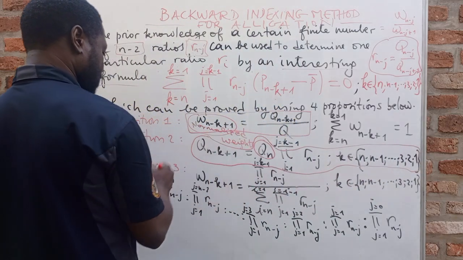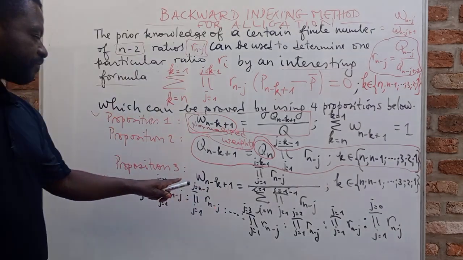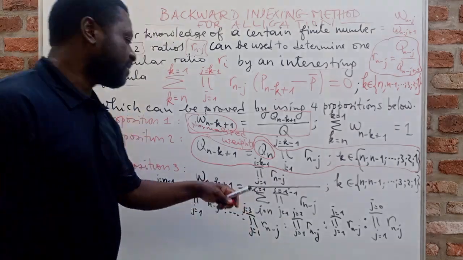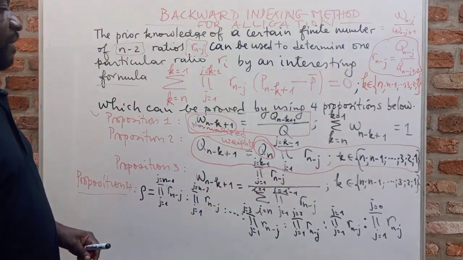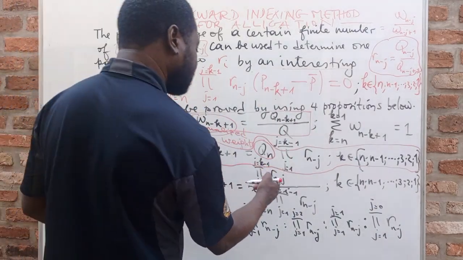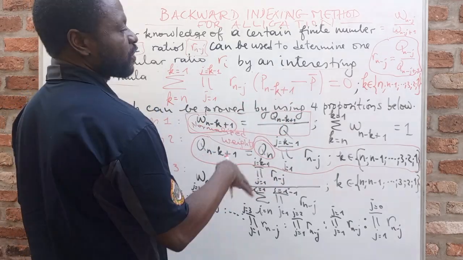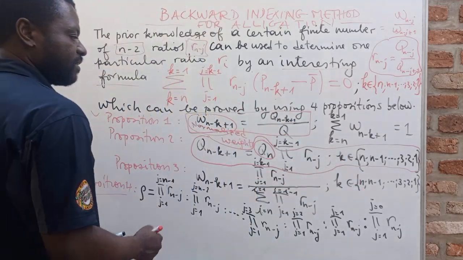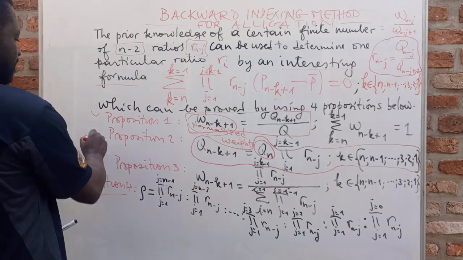Proposition number 3: the weights can be expressed in terms of the product of the ratios, not the reciprocals of the ratios, but directly, unlike the second case in proposition number 2.